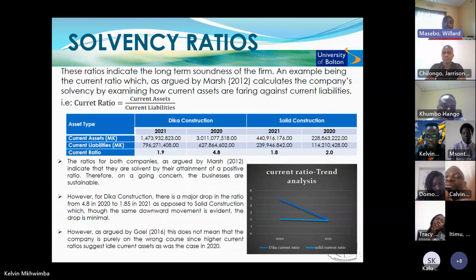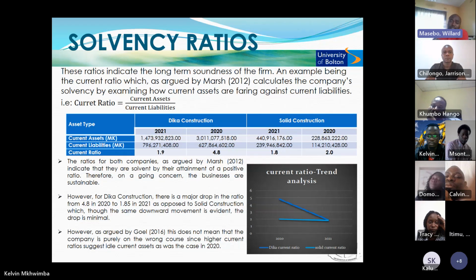The other tool which we used this time around is solvency. As we all are aware, solvency helps the company determine its long-term financial health, and at the same time it gives us a hint on the ability of a company to settle its long-term debt obligations. This time around, we zero in on the specific current ratio, which is under solvency.